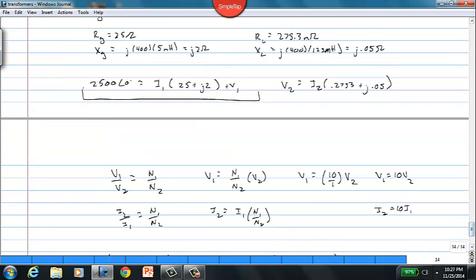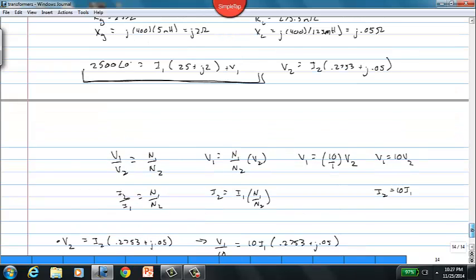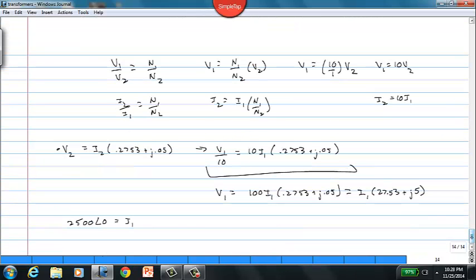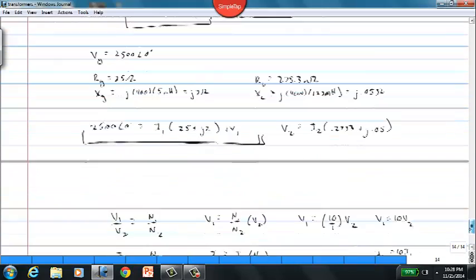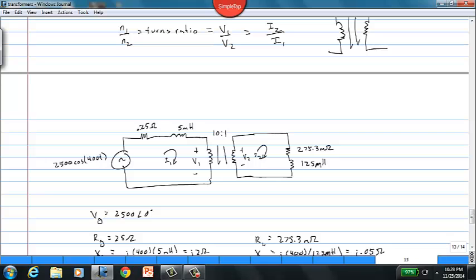Right. So I've made that simplification, solved for V1. I'm going to substitute that into this equation right here. So what I get is 2500 at an angle of 0 degrees is equal to I1 times 25 plus J2. You know what I'm noticing is that I meant that to be 0.25, not 25. That's 0.25 ohms right there.